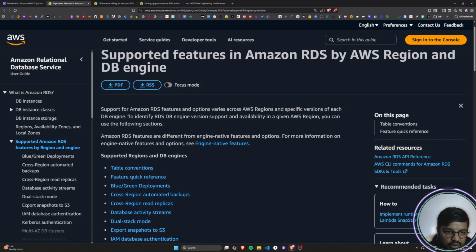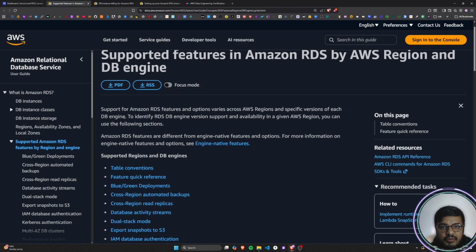Okay, so support for Amazon RDS features and options varies across AWS regions and specific version of each DB engine, right? Again, the dependencies for the Amazon RDS features are AWS regions, in which region we are deploying our RDS instance.